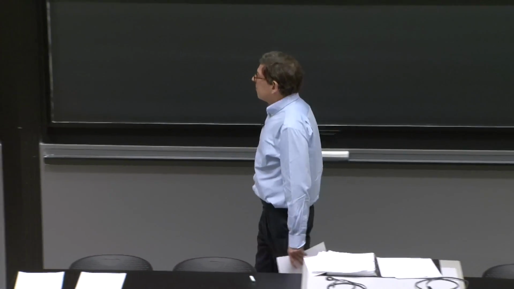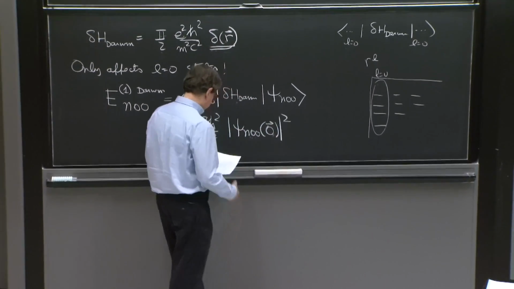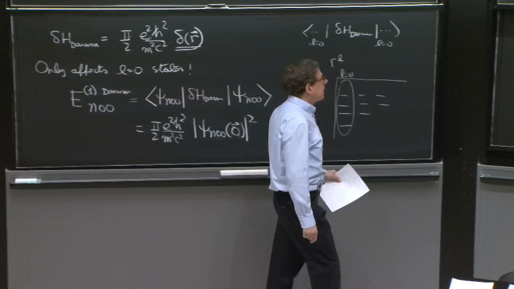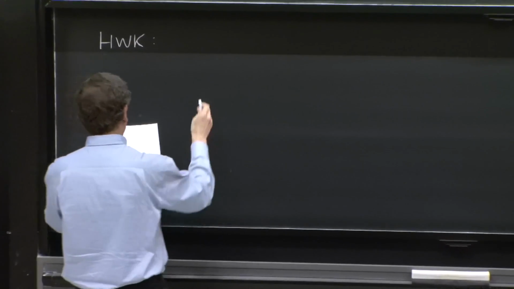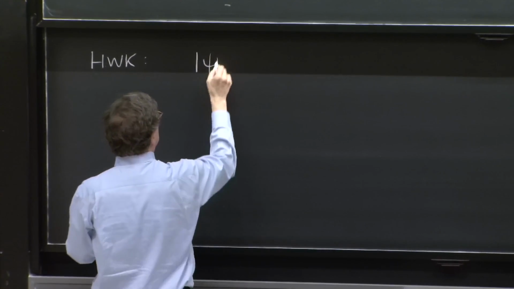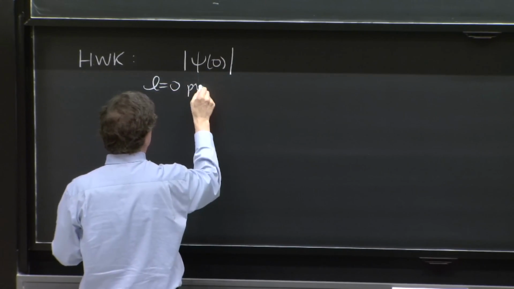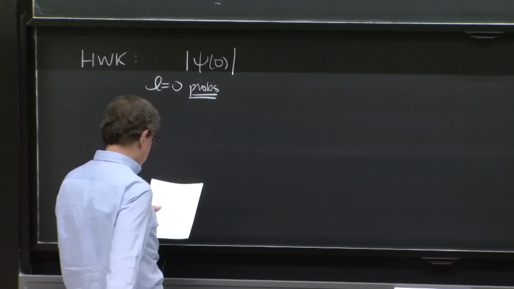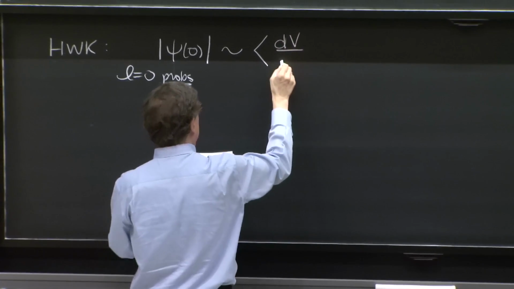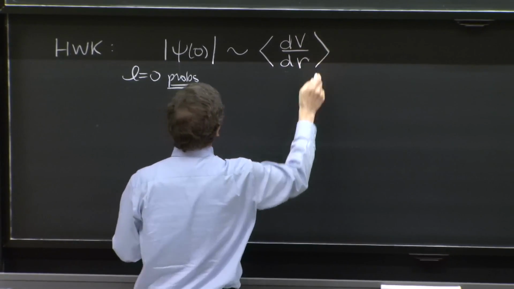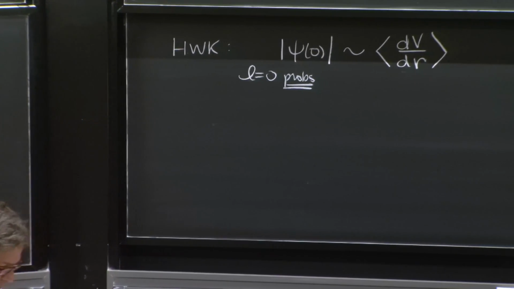So in the homework, there is a very clever way, in which you will see that the wave function at the origin for L equals 0 problems is proportional to the expectation value of the derivative of the potential with respect to R. So something you will do.